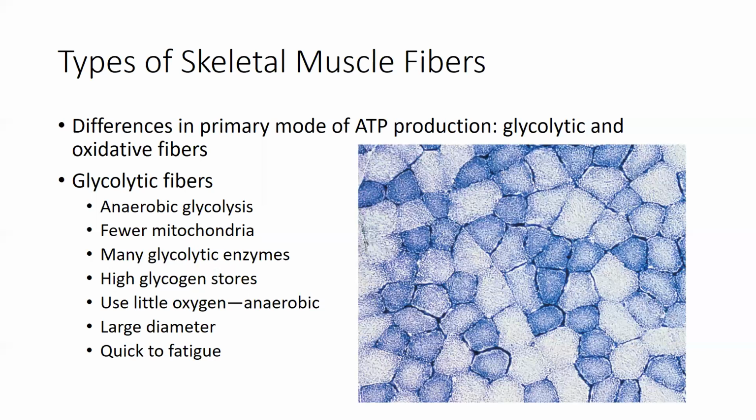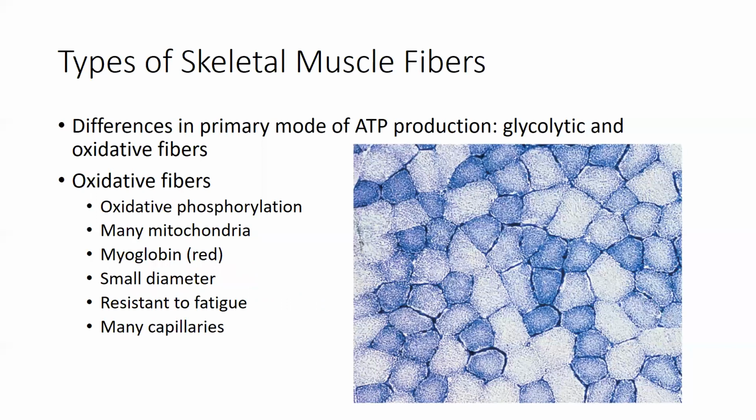Now, in terms of this image, those are going to be your white fibers, and we're going to explain why on this slide. In this image, we can see two different stainings of fibers. This is a cross section of a piece of muscle, and we're looking down the length of those muscle fibers. The white or pale appearing fibers were your glycolytic fibers. And we're going to talk about why the other fibers are red.